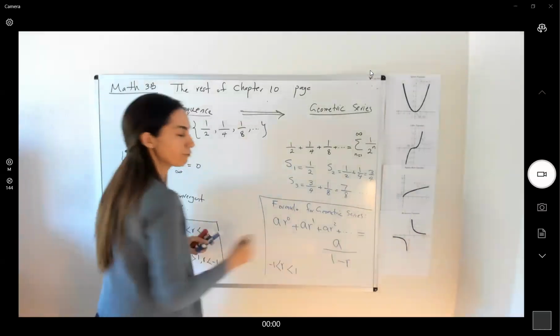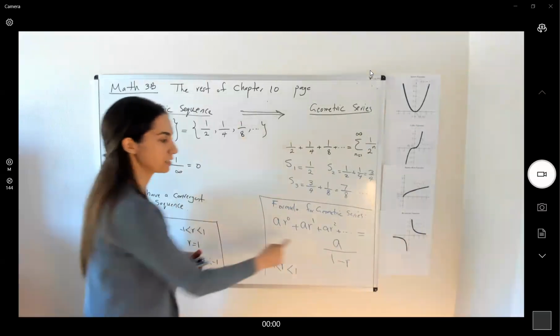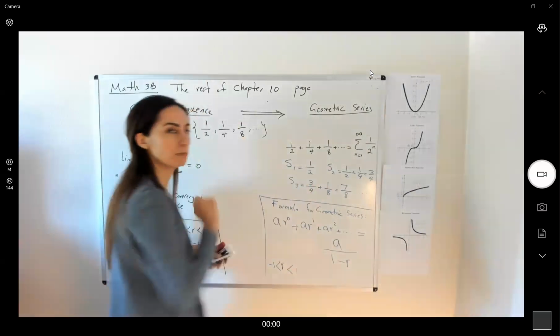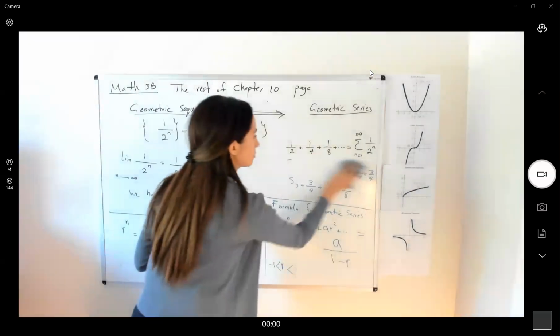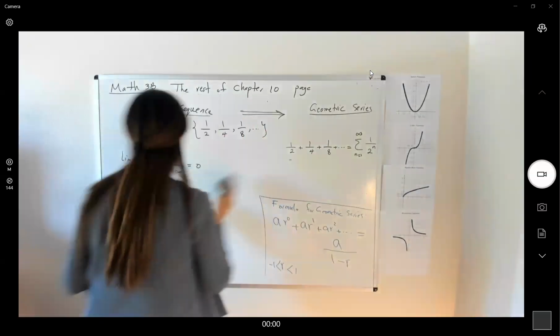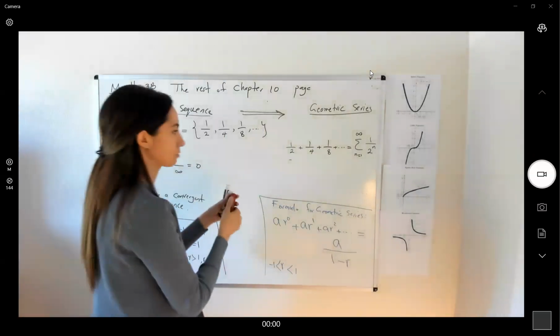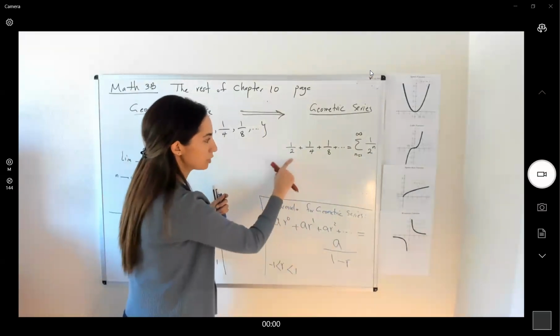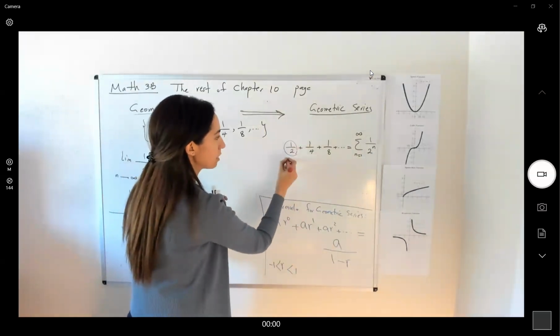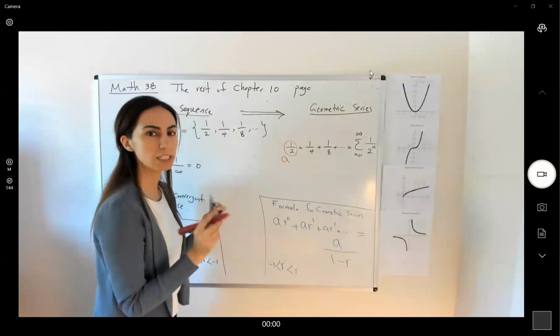So we're going to use the formula for geometric series and find the sum of this series. Compare these together. What is your a? a is a half. What is the ratio?